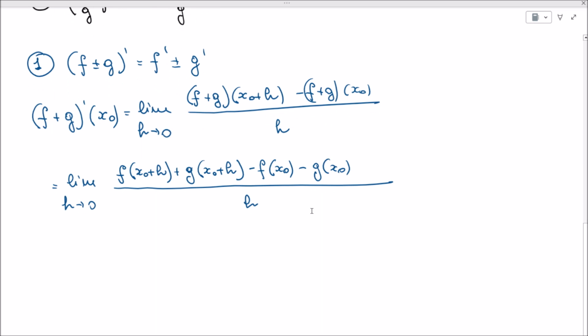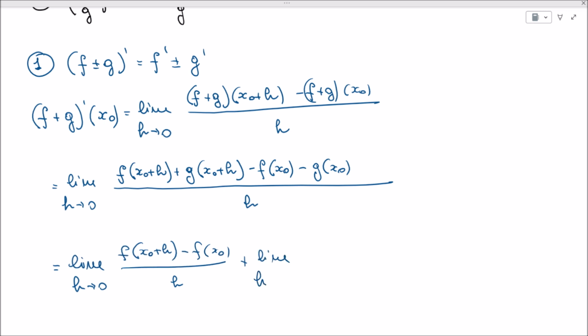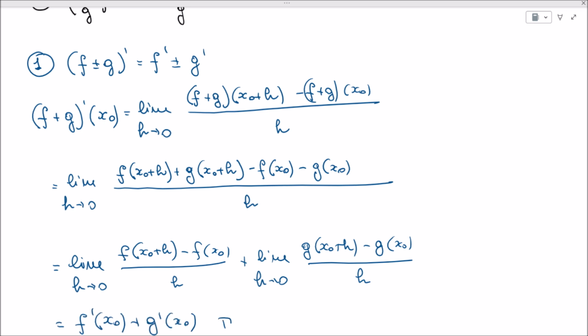And of course this can be, after a little bit of manipulation, written as limit h goes to 0 of f of x naught plus h minus f of x naught divided by h plus limit h goes to 0 of g of x naught plus h minus g of x naught all divided by h, which finally gives f prime in x naught plus g prime in x naught, exactly as we wanted to prove. Now, of course, this is just using the definition of derivative.